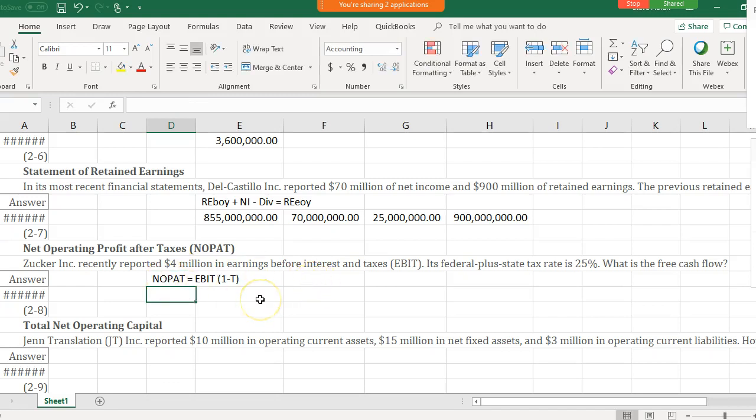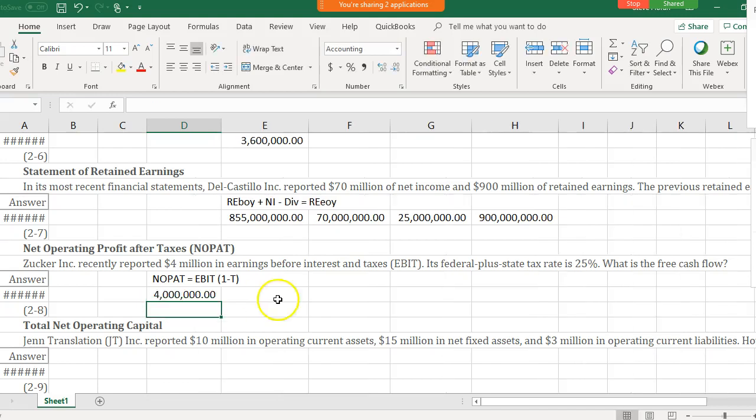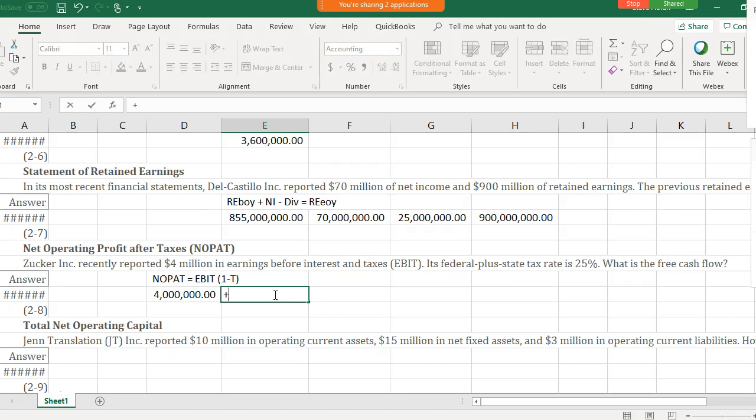So they gave us the 4 million of NOPAT, and that equals my EBIT times 1 minus T. So I don't know the EBIT, but I do know my 1 minus T, right? So I just multiply that by 1 minus 0.25.